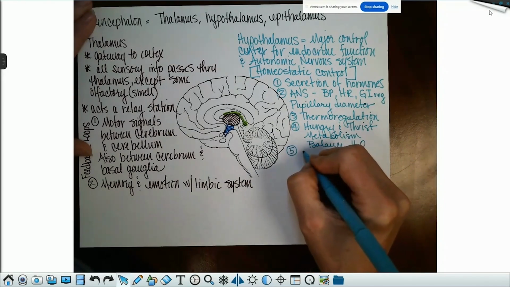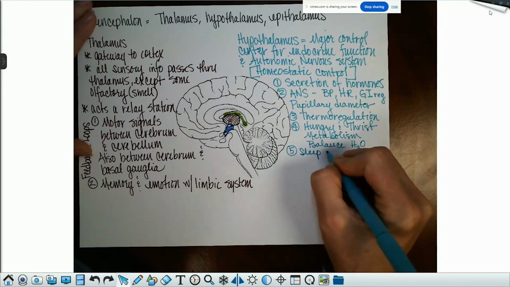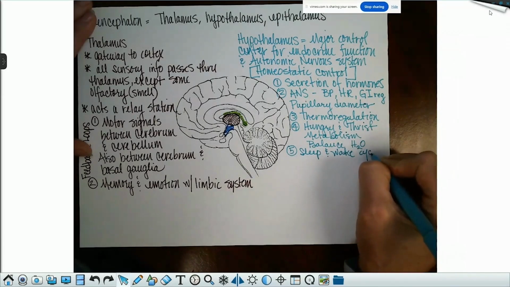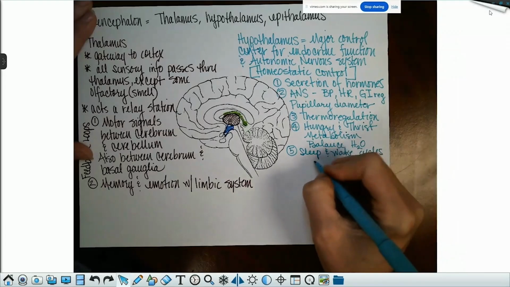It is involved in sleep and wake cycles, your circadian rhythms.